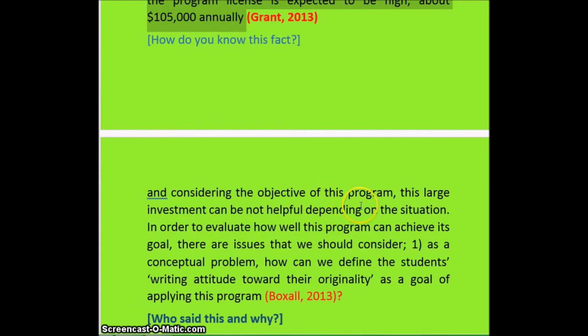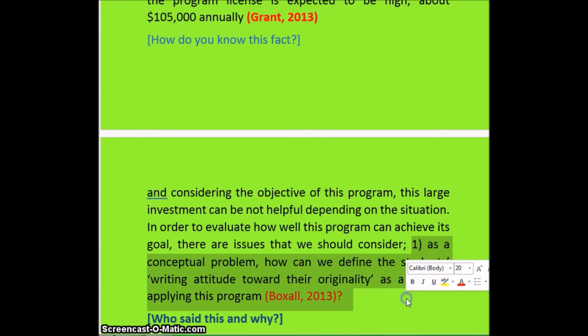Now, in this example down here, at what he calls number 1, he actually has a short quotation from the article, where he copied it: writing attitude toward their originality. Again, remember, if you're actually going to copy something, you just put it into quotation marks and then attach the citation to it.